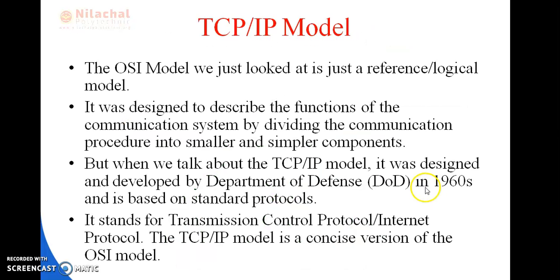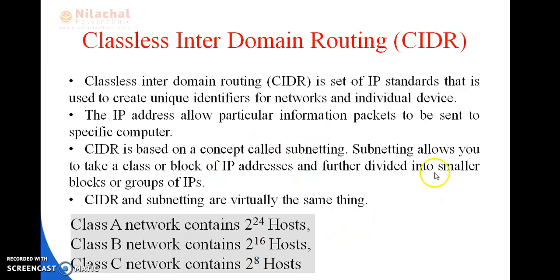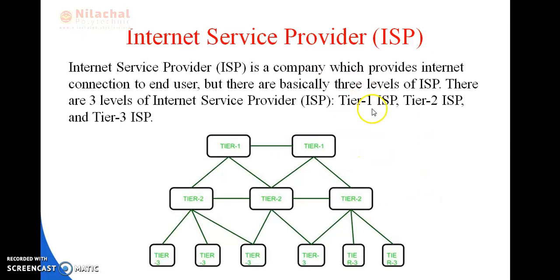In this internet service provider architecture, first is tier 1. These ISPs are at the top of the hierarchy. This is the hierarchy tree and this is the top of the hierarchy, and they have a global reach. They do not pay for any internet traffic through their network.